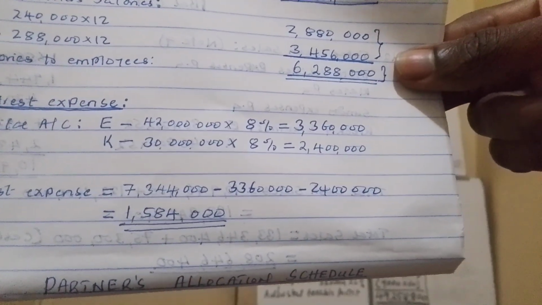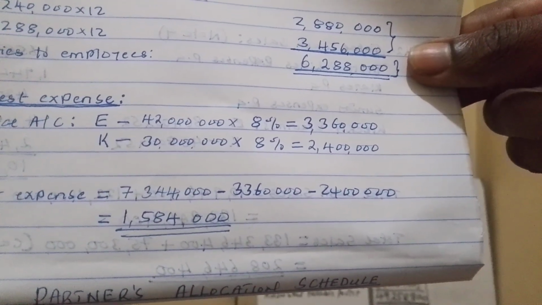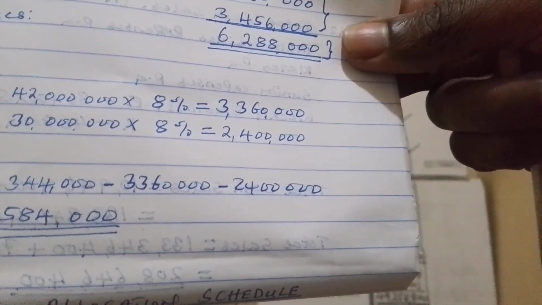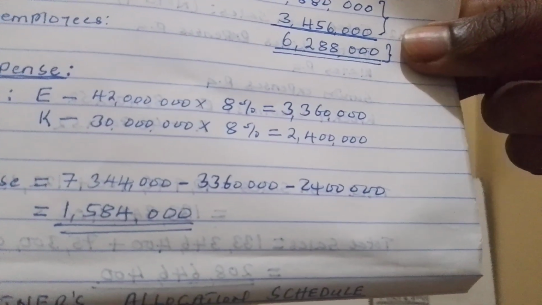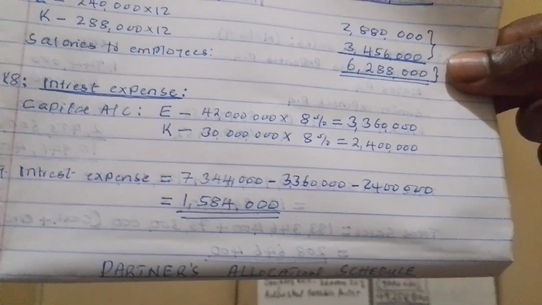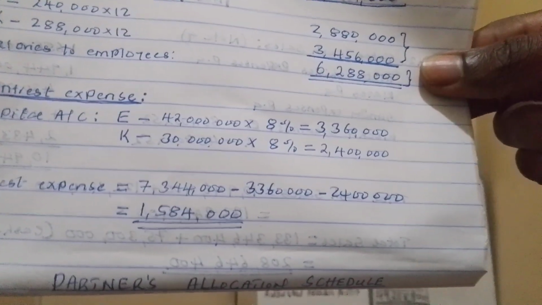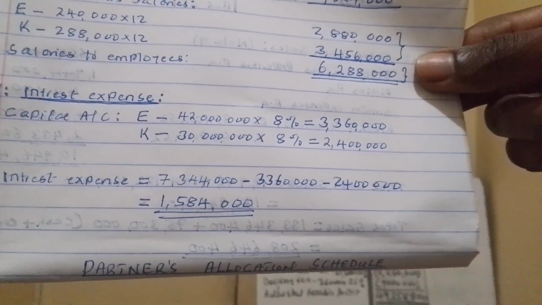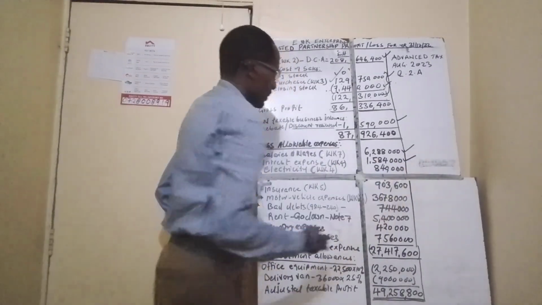The 7,344,000, which you have in the bank statement, you less now those two figures above, the interest for the partners. So the interest expense which is allowable is that which relates to the business, 1,584,000. And that is the figure we have here.